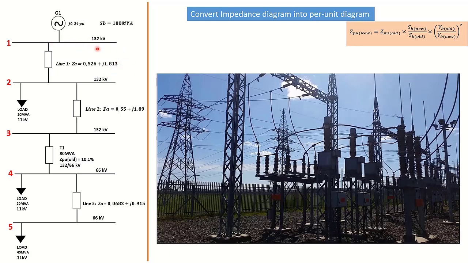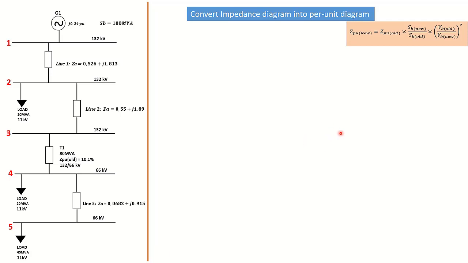We want to know the magnitude of the short circuit current on bus bar 1, bus bar 2, bus bar 3, bus bar 4, and 5. That way we'll be able to work out the type of protection that we need from each bus bar and the devices that need to be selected in terms of current transformer, circuit breaker, and so forth. So let's dive into it and see how we're going to get these per unit values.